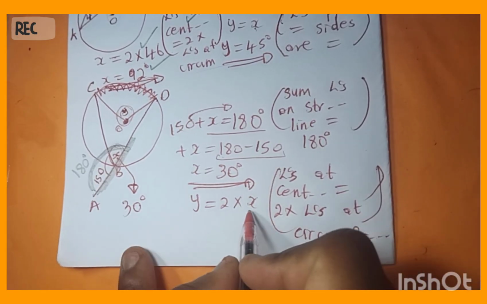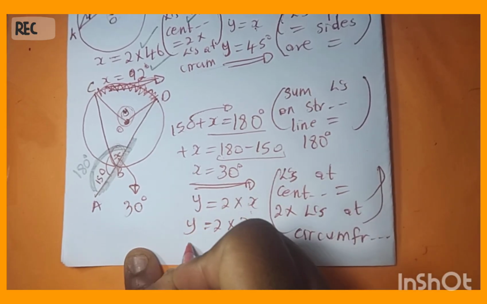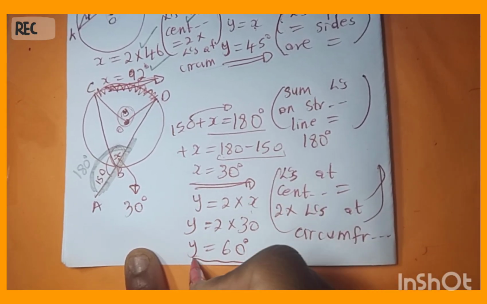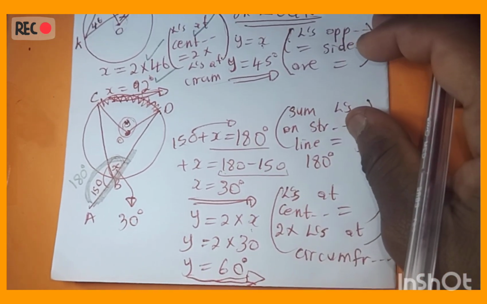Now we know the x value is 30, so the y value is supposed to be 60 degrees. Do you see? This thing, guys, is just a matter of you knowing the reason.